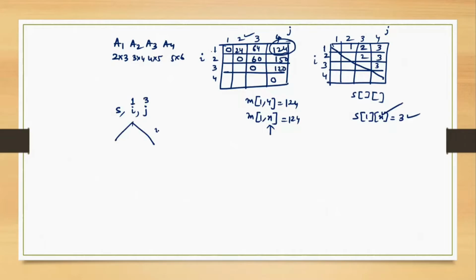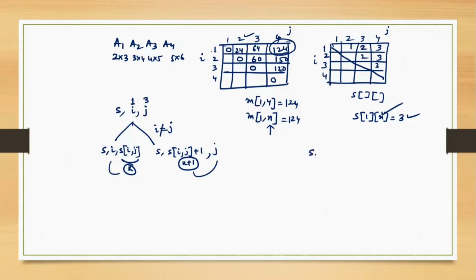The relationship says if I not equals j holds, there are two recursive calls. One is S of I comma S of ij, and the second one is S of ij plus 1 comma j. Actually, S of ij will give you some k value, and here it is k plus 1. And you are getting the formula I to k, k plus 1 up to j. I to k, k plus 1 up to j. The same formula is coming back.